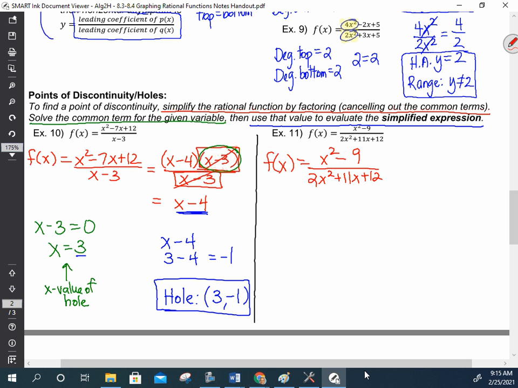Everything's got to get factored. So again, if you struggle with factoring, you got to practice it. You got to come in and get extra help if you need it. The top is a difference of two squares. The bottom ends up being MAF. Check it out, see if anything cancels out.